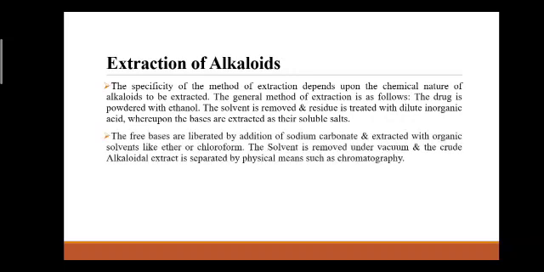The free bases are liberated by addition of sodium carbonate and extracted with organic solvents like ether or chloroform. The solvent is removed under vacuum and the crude alkaloidal extract is separated by physical means such as chromatography.